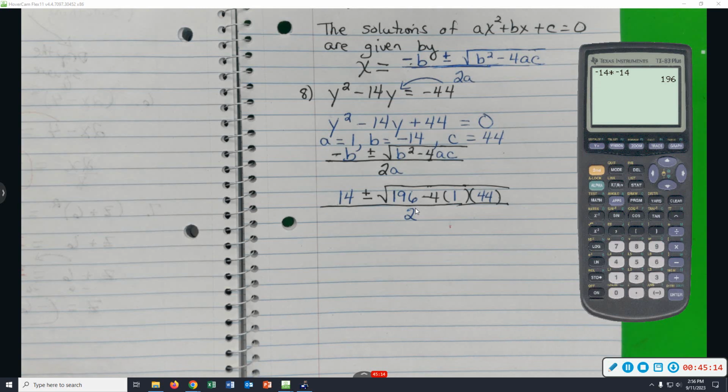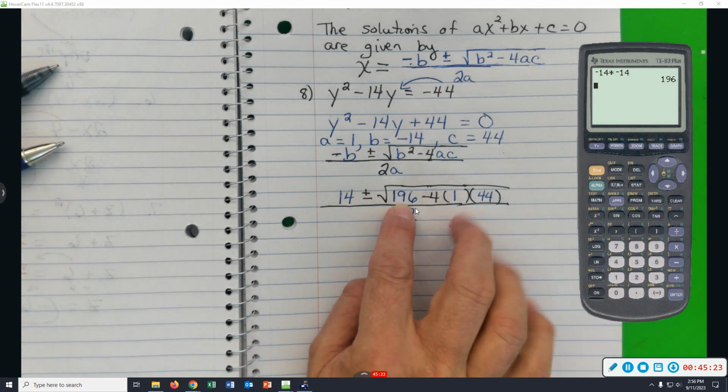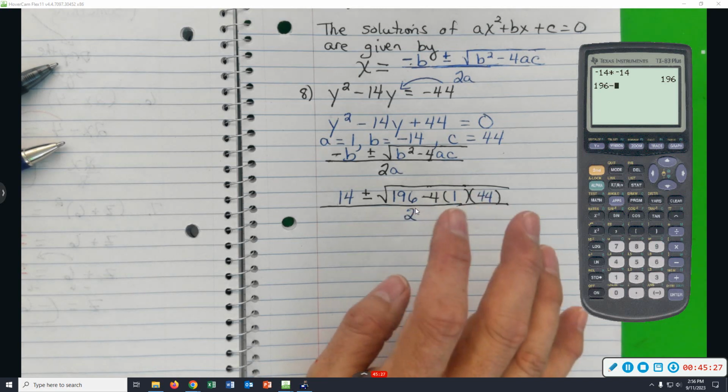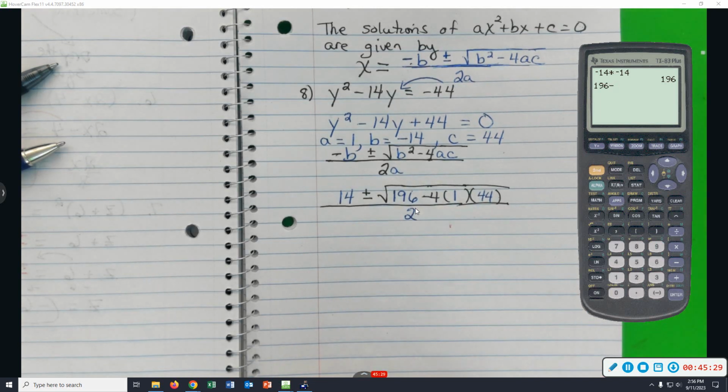Now I'm going to simplify under the square root, and I'll do that with my calculator. Under the square root, I have 196, then a minus. You can either use the times, or parentheses.